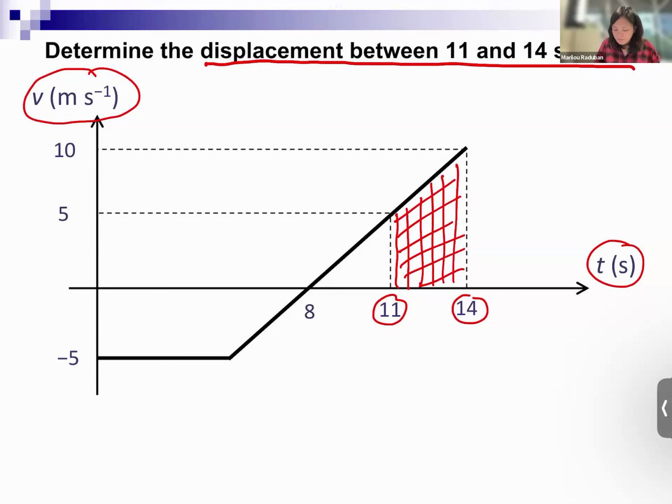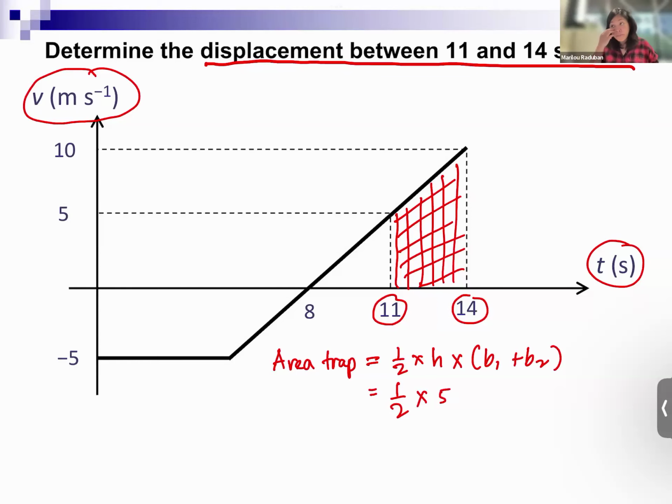So the area of a trapezoid is 1/2 times the height times the sum of the bases. If you do the calculation, the height will be the distance between these two parallel sides. That will be 14 take away 11, which is 5. Oh, sorry, 3.